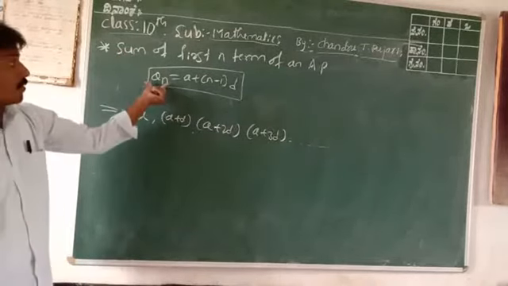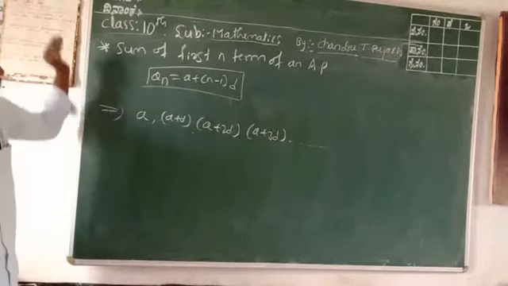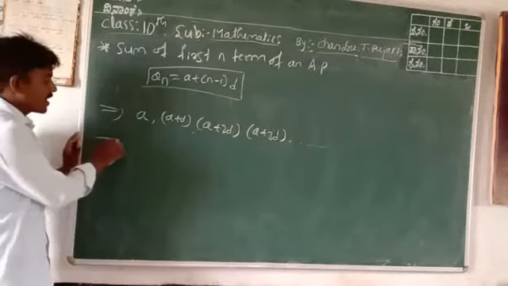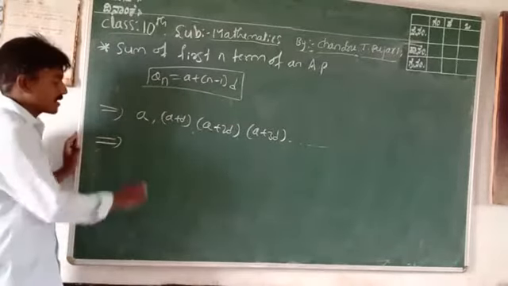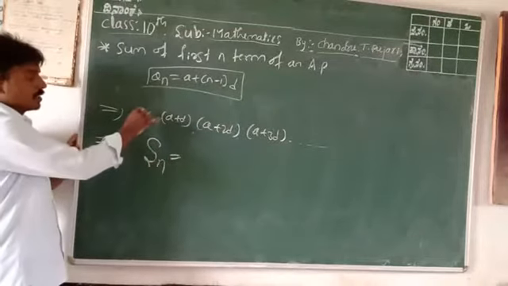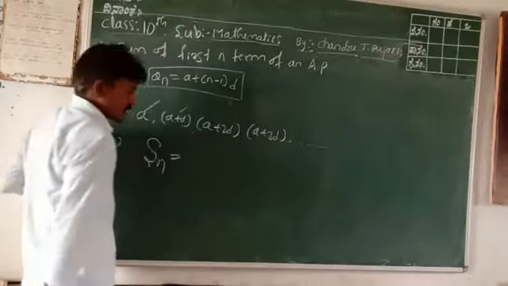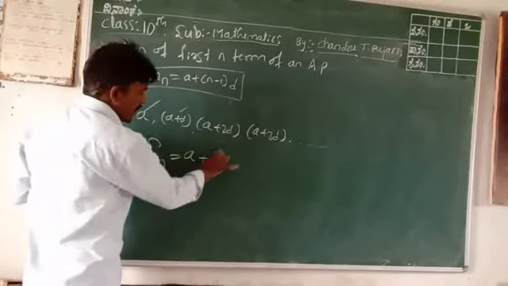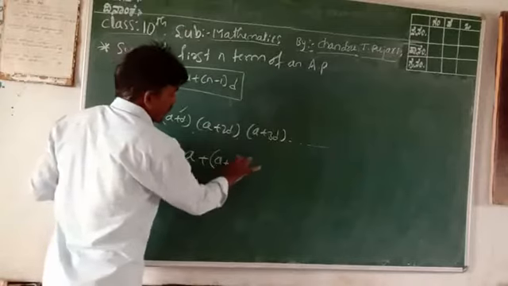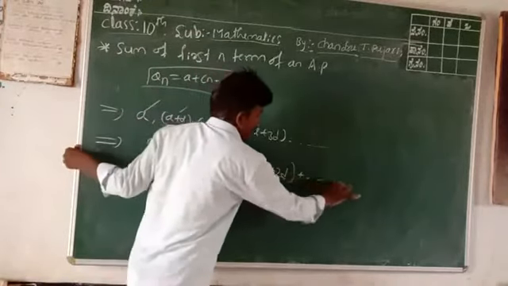The nth term formula is an equal to a plus (n minus 1) d. But the sum Sn means first term, second term, third term, all added. For example, a plus (a plus d) plus (a plus 2d) and so on.